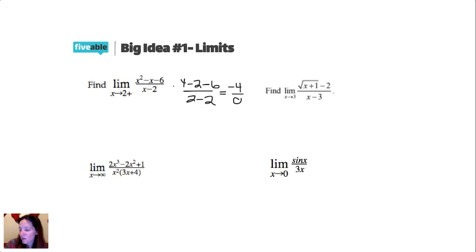That equal sign makes me uncomfortable because negative 4 over 0 is not a number. That's undefined, so I definitely don't want to say that's my answer.